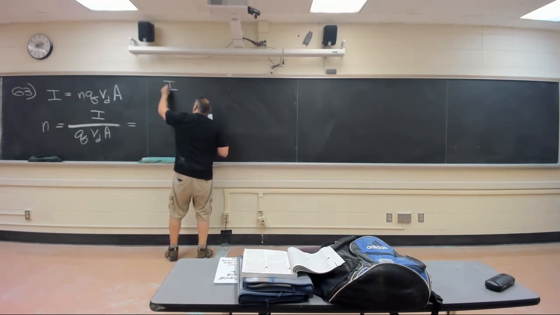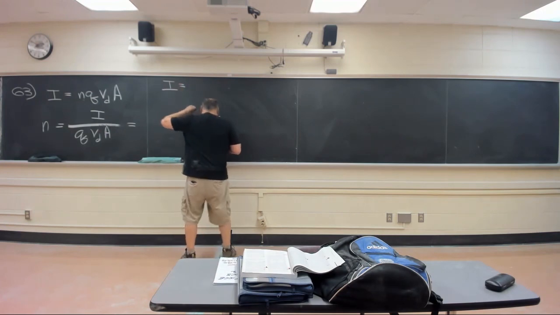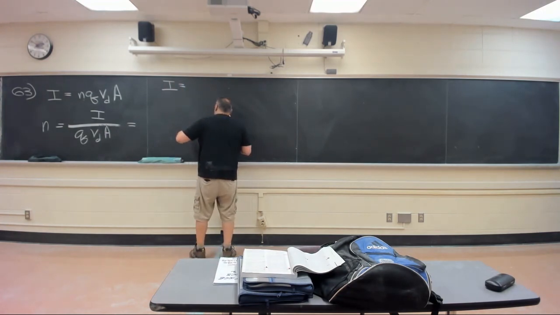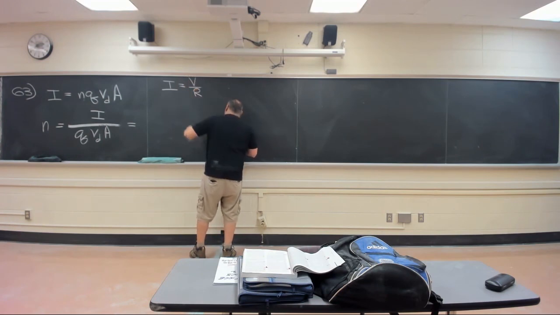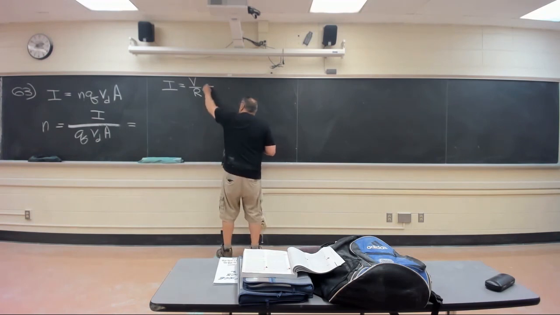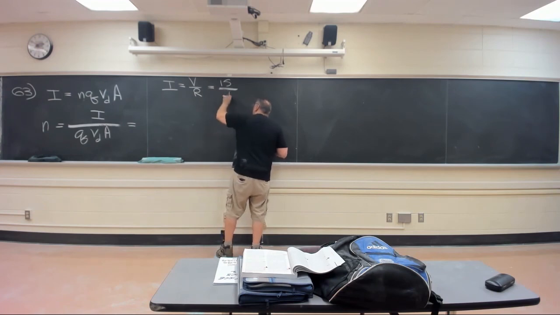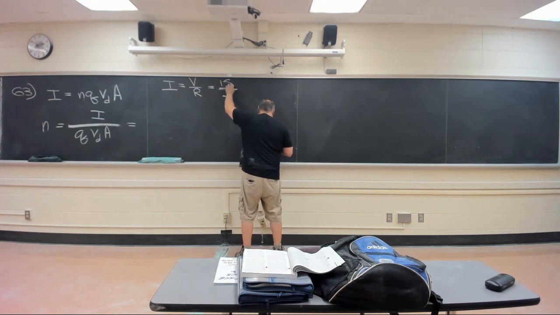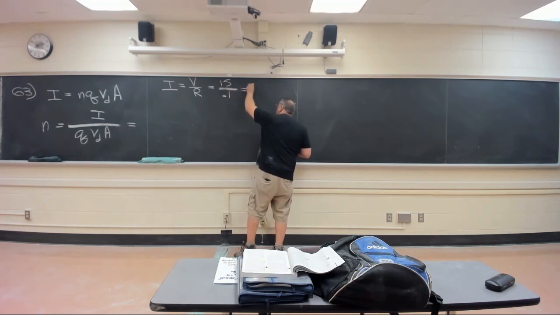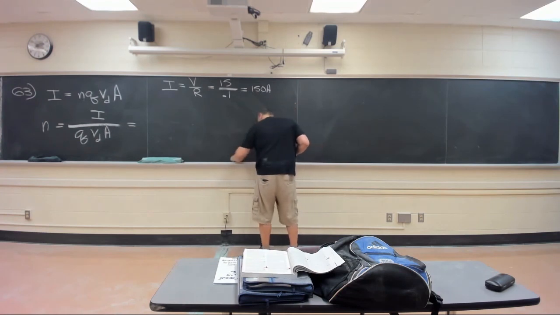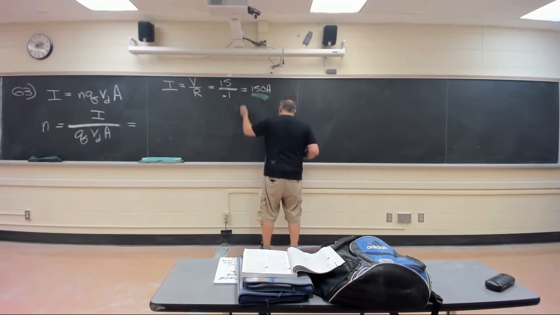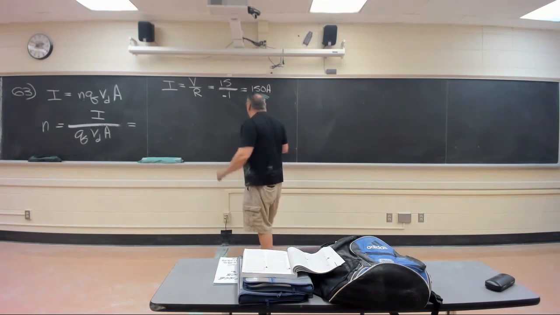We know that I is the rate of flow of charge, and that's delta V over R. It's a 15-volt battery connected to it. 15-volt battery, 0.1 ohm resistance, 150 amps. True. Not done, but true story.